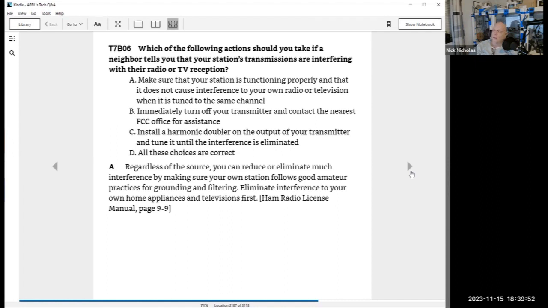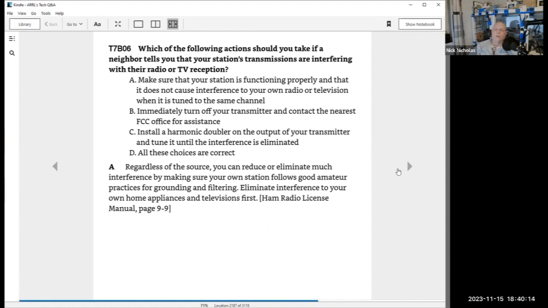And a lot of hams just go over and put it on their radios, put it on the antenna input to their radio if you can, or their TV. Today's world, it's not as common to have to do that. Okay, but the answer is A, make sure your station's operating correctly.